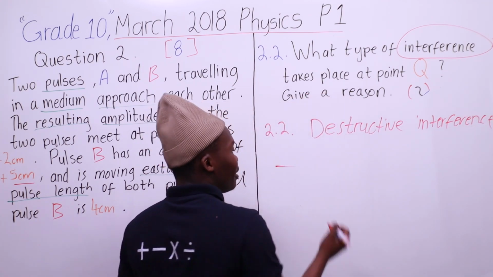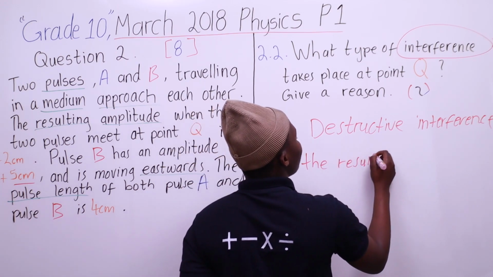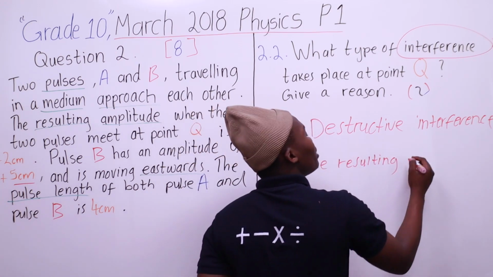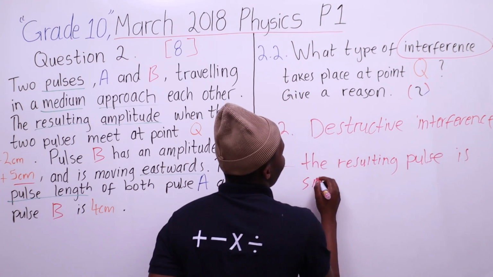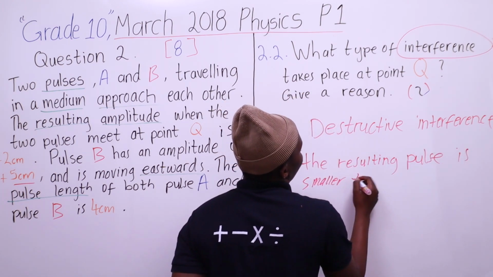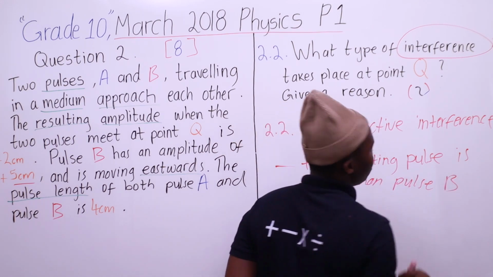Why? The resulting pulse is smaller than pulse B. Good.